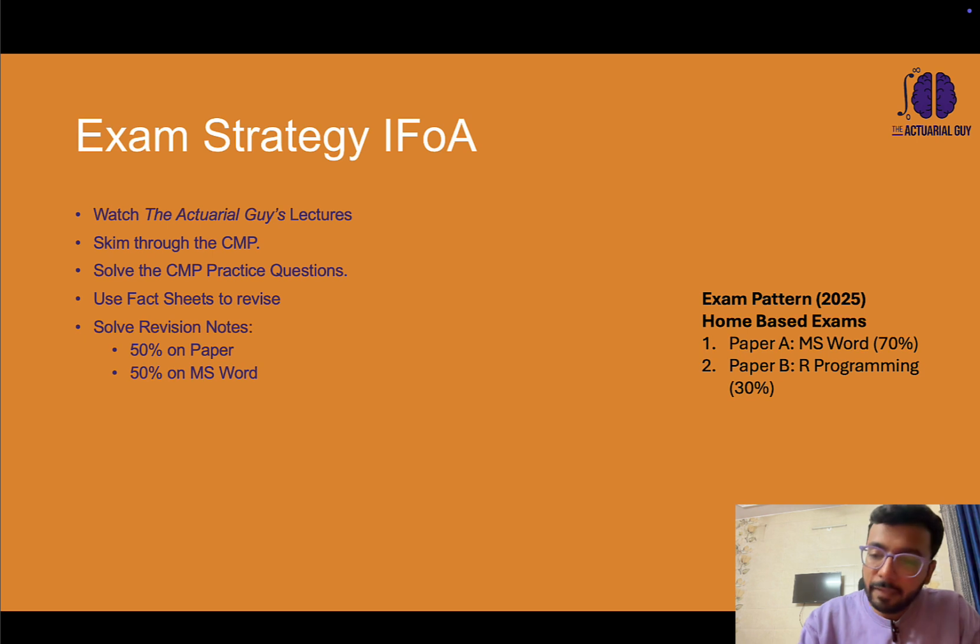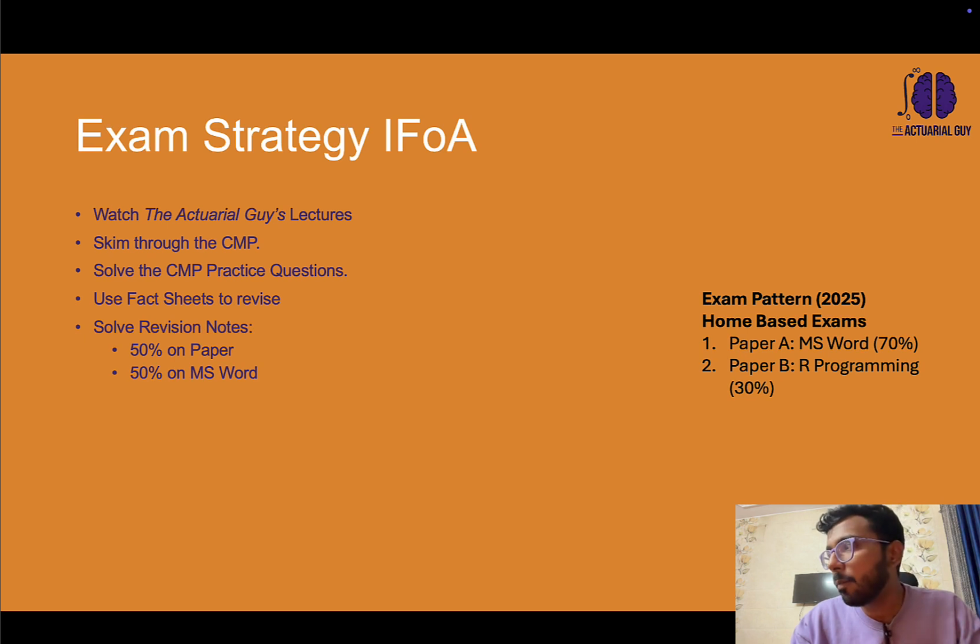Then once you have read the fact sheets, quickly you have gone through all the formula and exam concepts that are given in the fact sheets which are relevant for a particular unit, then you start solving the revision notes. For revision notes for IFoA, I always recommend you solve 50% on paper by writing and 50% on Microsoft Word so that your Microsoft Word typing practice is taken care of.